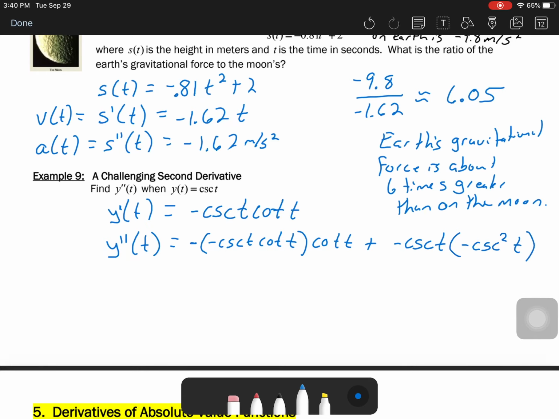Okay? And if we clean that up a bit, this is going to be cosecant t times cotangent squared, because there were two cotangents there. And then we're going to have a negative times a negative there, so that would be plus cosecant cubed.